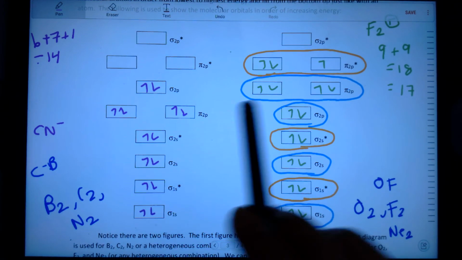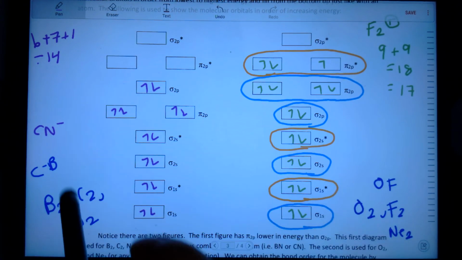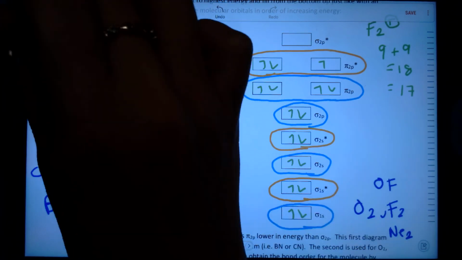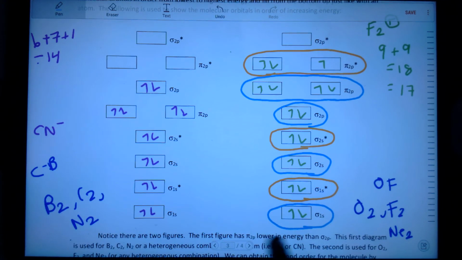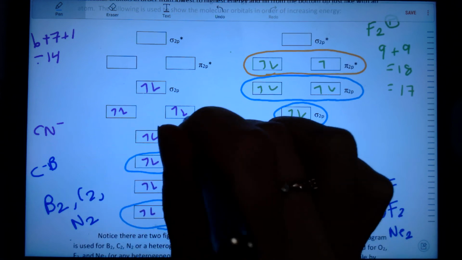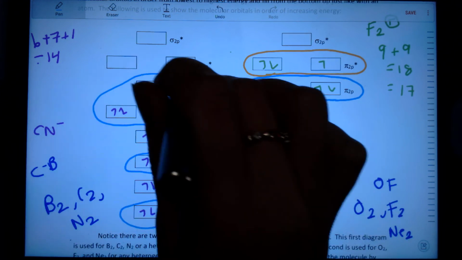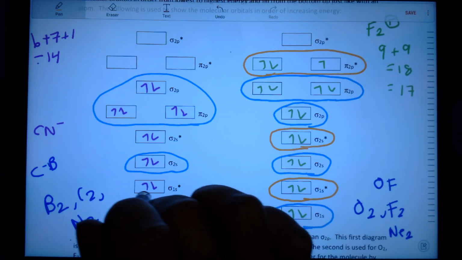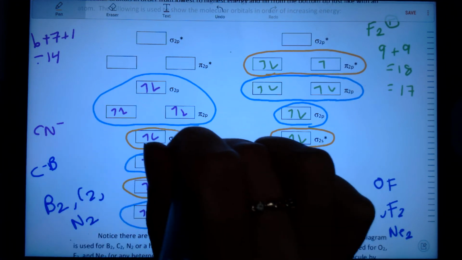Okay, so we have a different scenario here. All of our electrons are paired up in this one. Okay, so let's go back to our colors. Oh no, I used this color. Okay, so we have bonding, bonding. All of this is bonding. And then we have antibonding here and here.